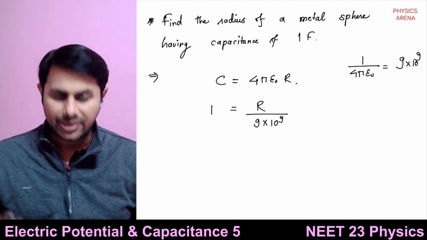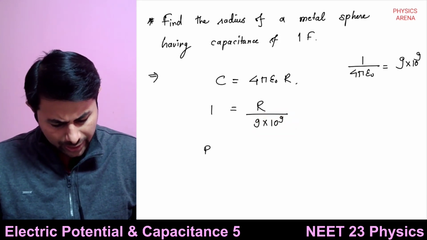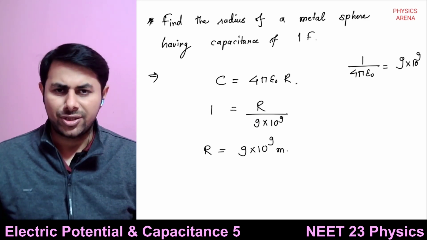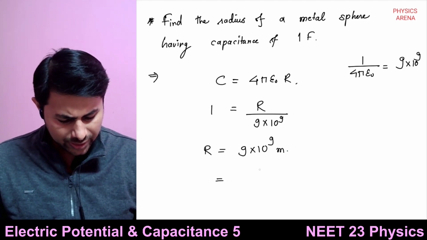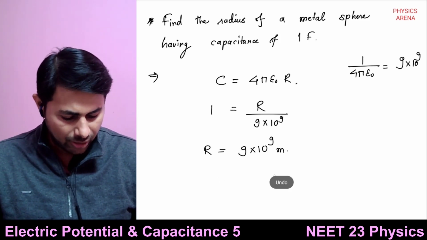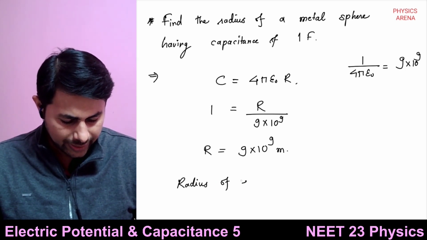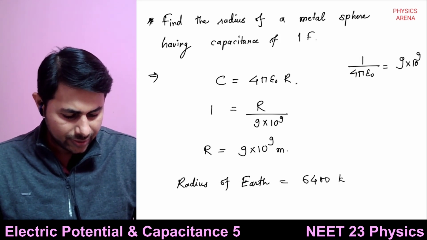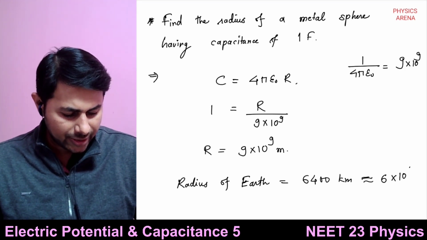So capacitance is 1 farad. Now move that 9 multiplied by 10 raised to 9 to the other side. R is equal to 9 multiplied by 10 raised to 9 meters. How much is this? We can roughly say it is 10 raised to 10. And how much is the radius of Earth? 6,400 kilometers, or nearly 6 multiplied by 10 raised to 6 meters.